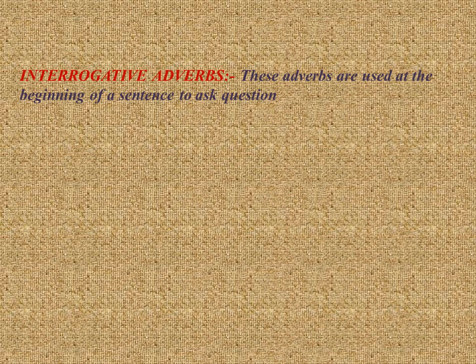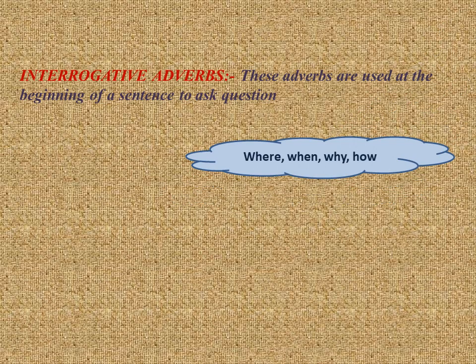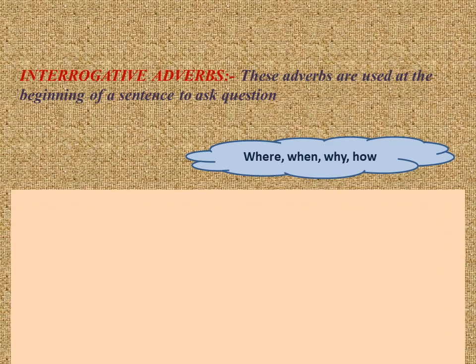Now, you must have learned the WH questions. A few are over here: where, when, why, how, etc. These are the words with which you ask questions. So let's see the examples.